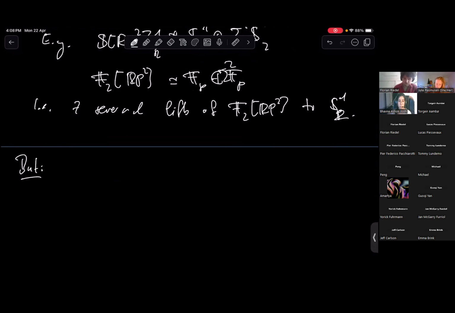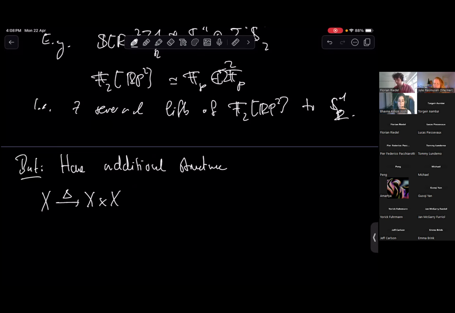But it's not hopeless. Otherwise, this would be a very short talk. We have additional structure on homology. Namely, on the level of spaces, we have the diagonal map on any space.